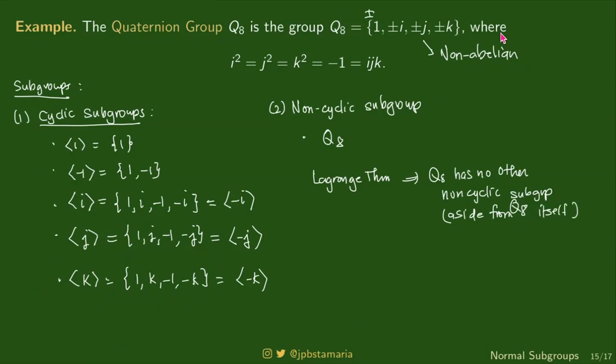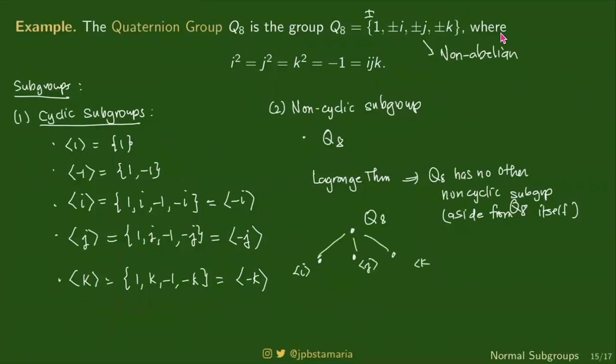So how many subgroups does Q8 have? This is all of them. There are no others. Okay? So we can now draw the lattice diagram for the subgroups. This is Q sub 8. It has three children that are cyclic of order 4: the one generated by i, the one generated by j, the one generated by k.